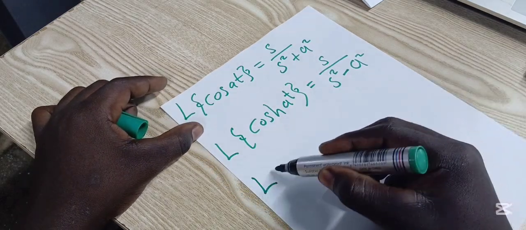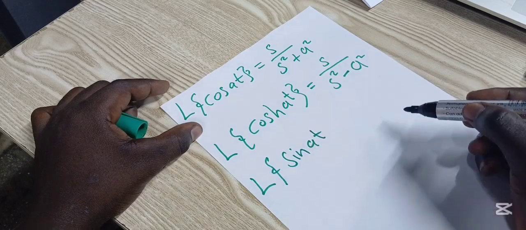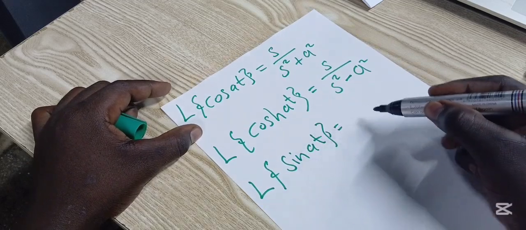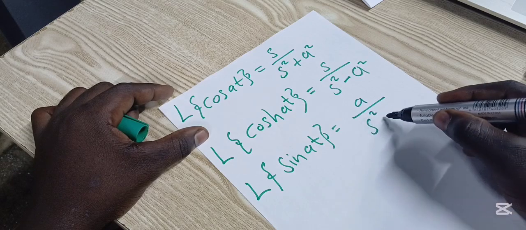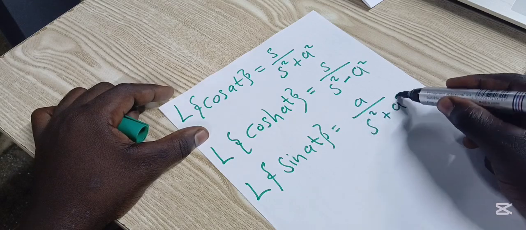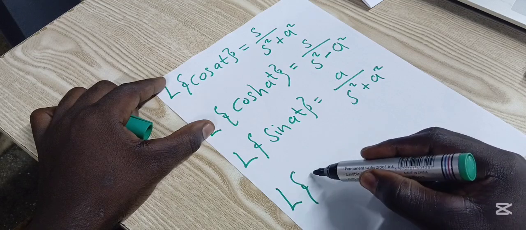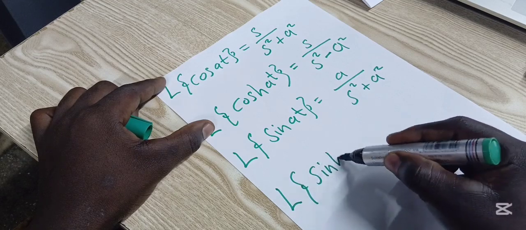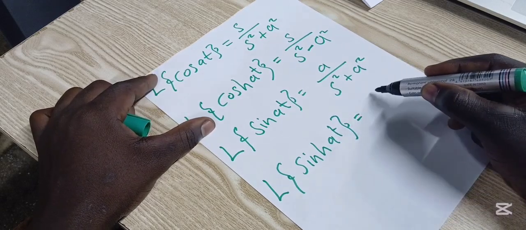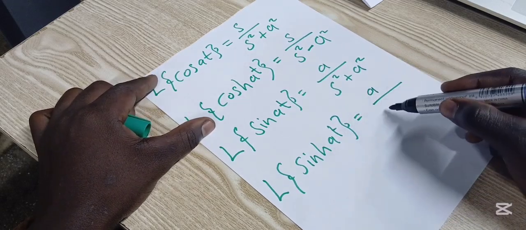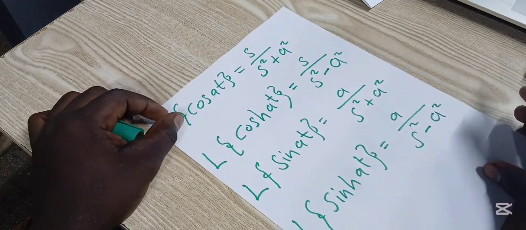So the Laplace transform of sine at is going to give us a over s squared plus a squared. And the Laplace transform for sinh at is going to give us a over s squared, in this case minus a squared.